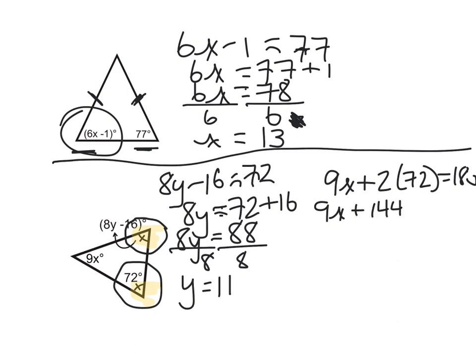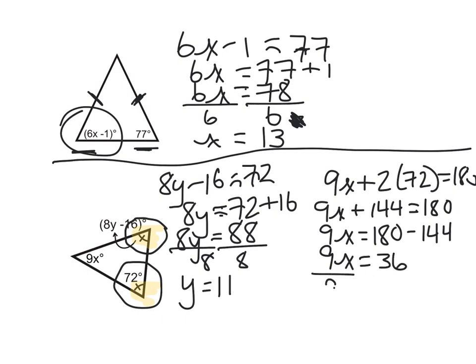So 9x plus 144 equals 180. 9x equals 180 minus 144. 9x equals 36. Divide both sides by 9. So x is going to equal 4.